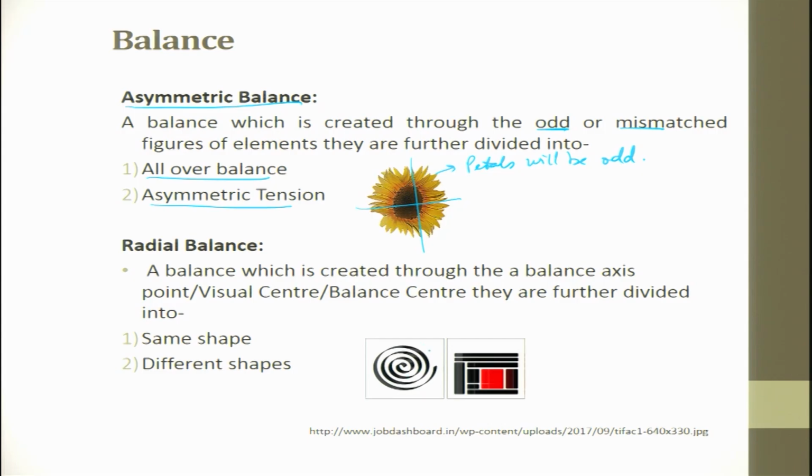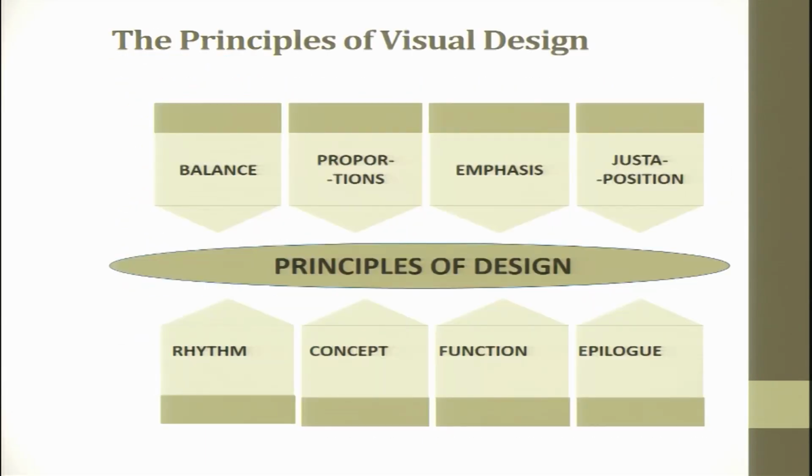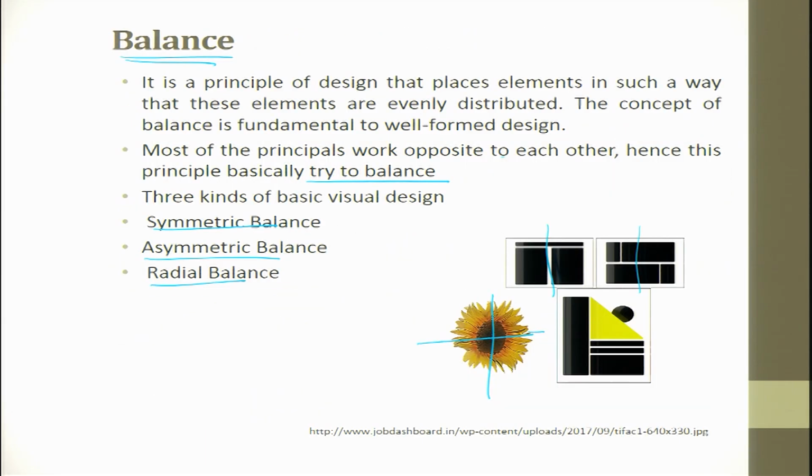This is generally created for producing hallucination or feelings. The balancing is created through the balance axis point, visual center, balance center, which are further divided into same shapes and different shapes. So, these are called radial balance, which you can also follow while developing a design or an image. So, this is the first principle of design, balancing.